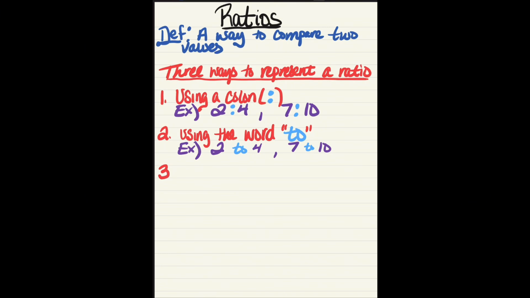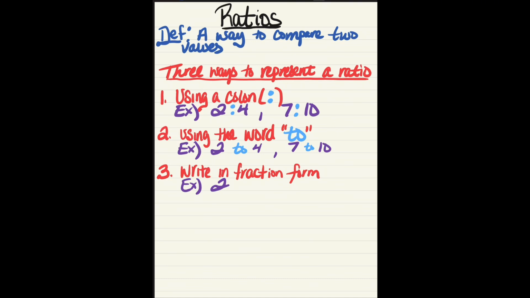And the third and final way, write a ratio in fraction form. For example, 2 is going to be on top, which is the numerator because it comes first.